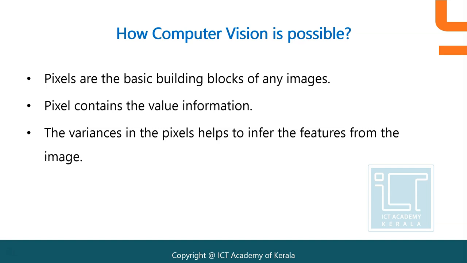So for a grayscale image, the pixel values will range from 0 to 255, and for a colored image, it will be a combination of RGB, R for red, G for green, and B for blue. So for a colored image, it will be a value representing these three main components. And with the variances, or with the change in these pixel values, we can capture the features from the images.